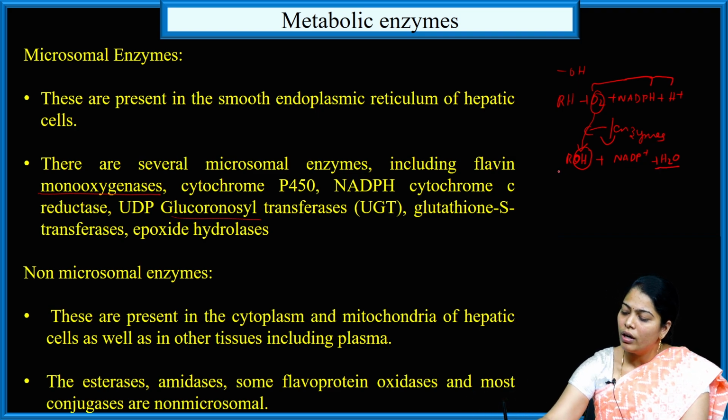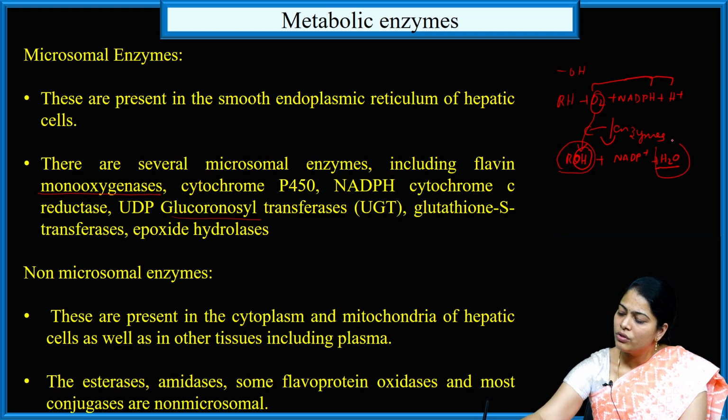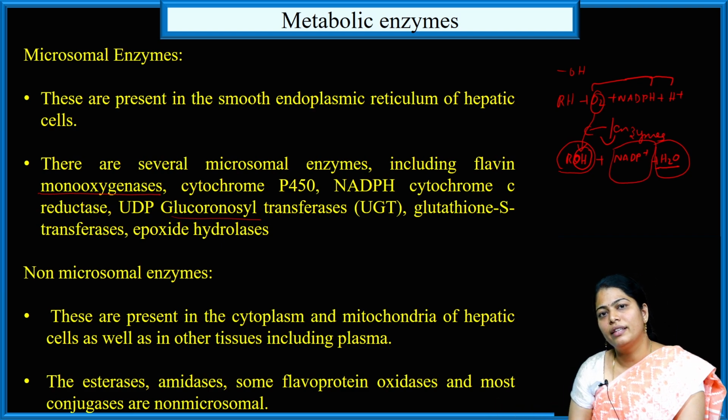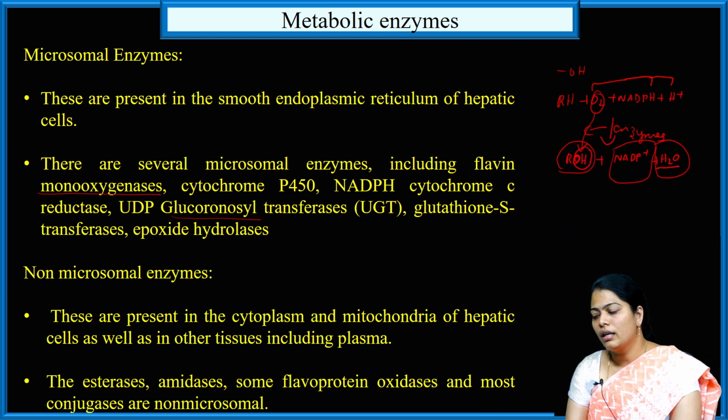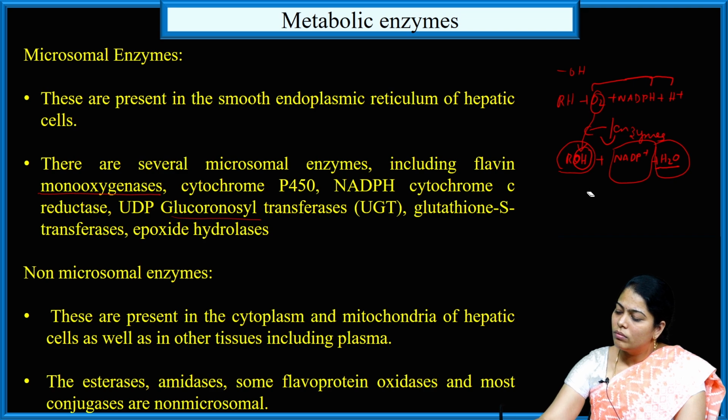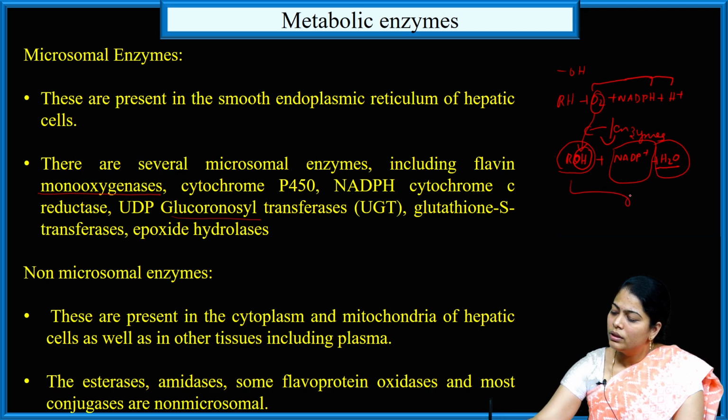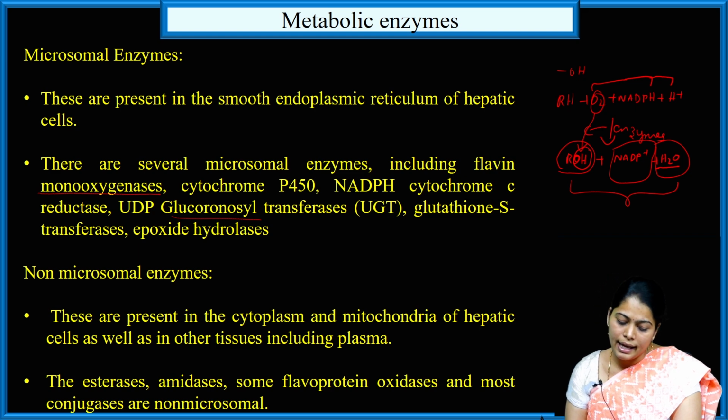So here one oxygen is attached to the substrate, and a water molecule and NADP plus are released. Here three types of functions act to form the hydrophilic drug molecule. That's why we call them multifunctional enzymes.